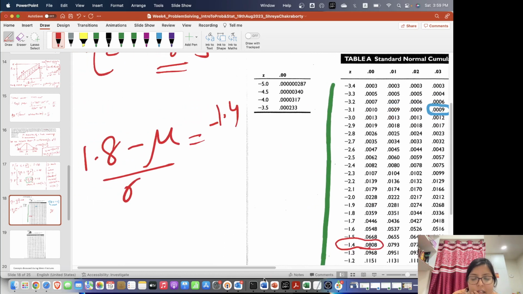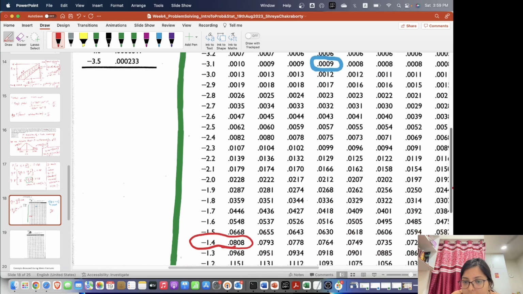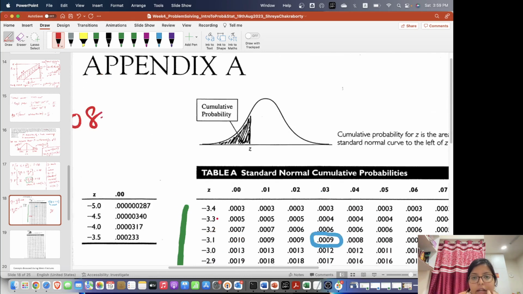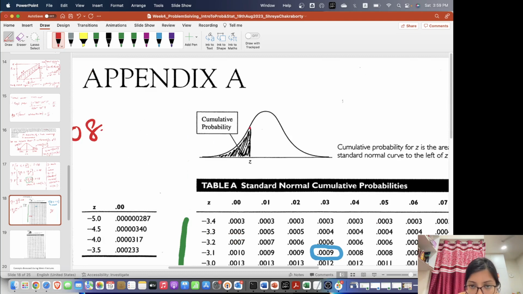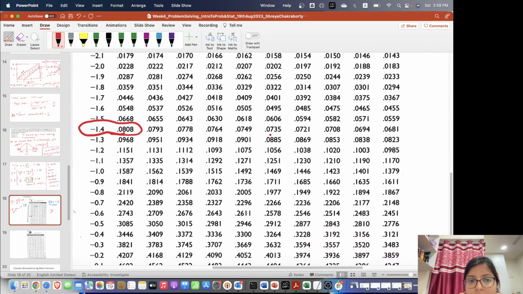Ma'am, can you zoom it, please? The Z points represent those, and the table values represent the area under that point. Okay, I understood. See, listen, ma'am, just on the right side of 0.0808 is 0.0793.